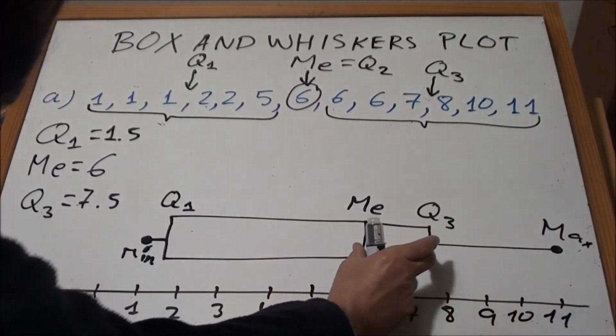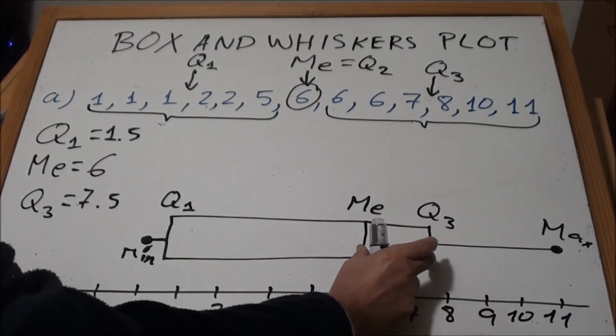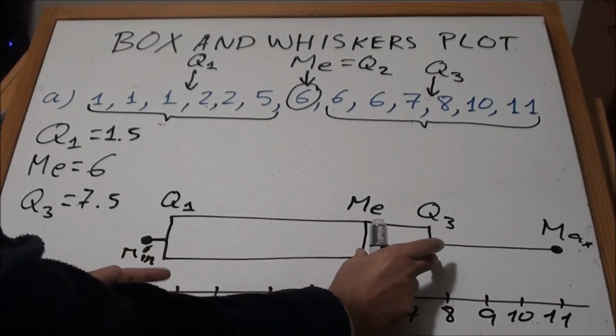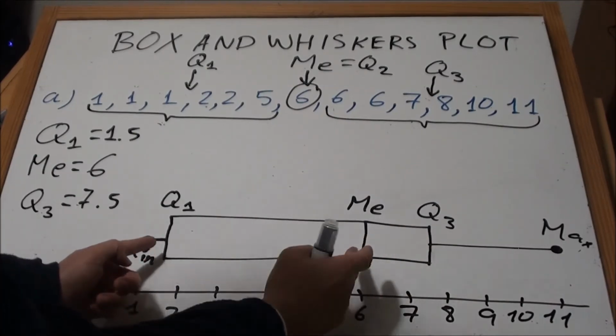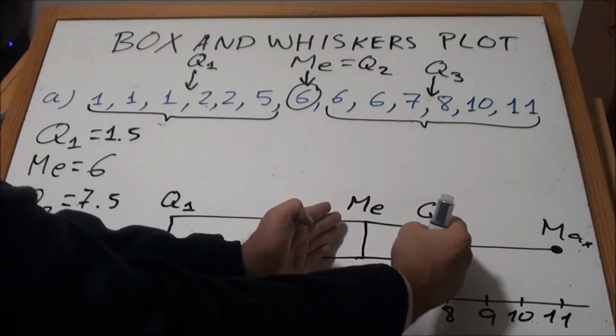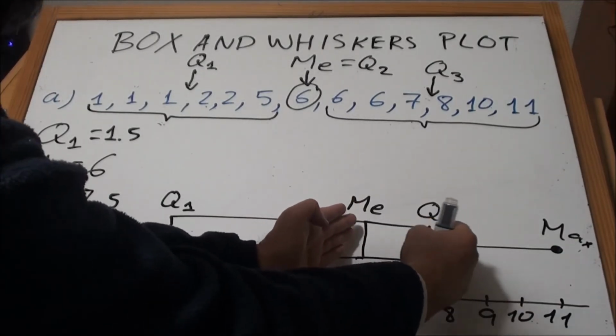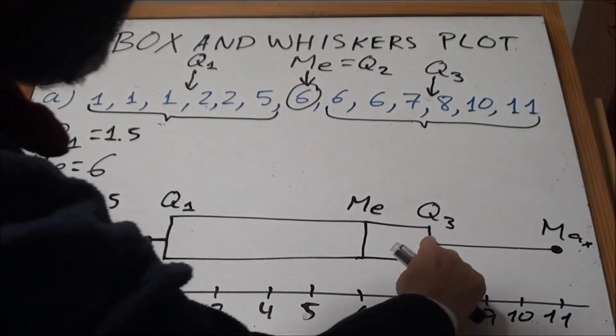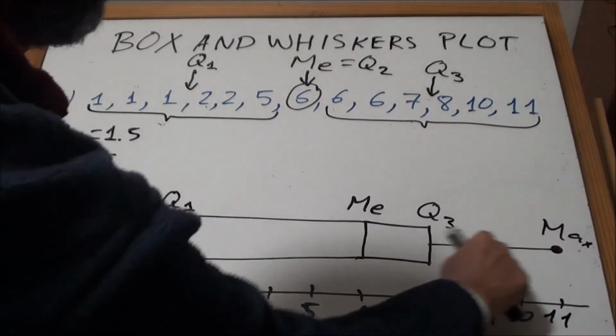So in this box we have as many data as in this box. 25% of the data and 25% of the data, which means that here they are much more concentrated, much more next to each other, close together. And here we have 25% as well.